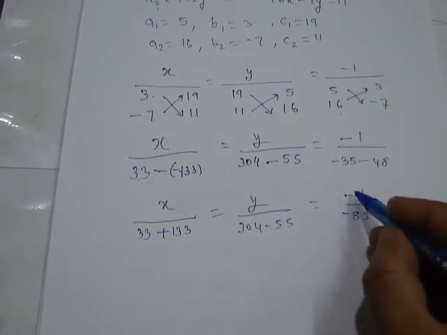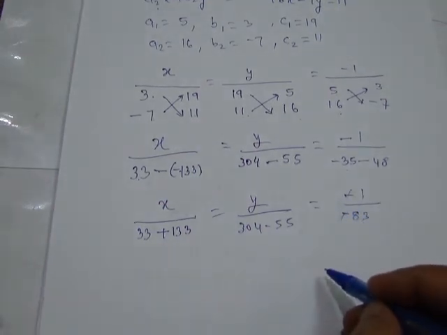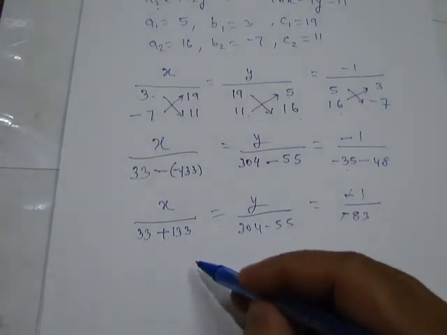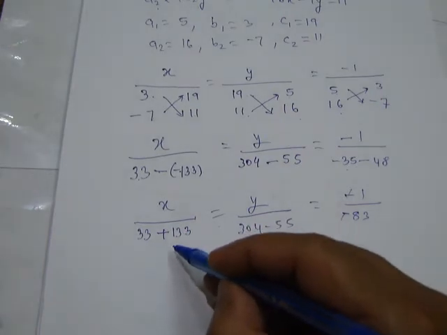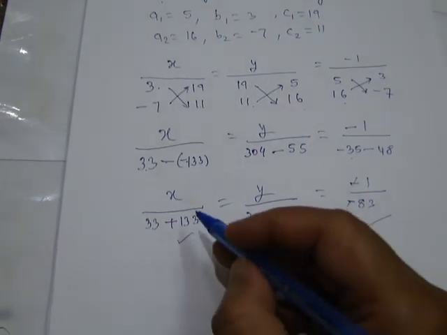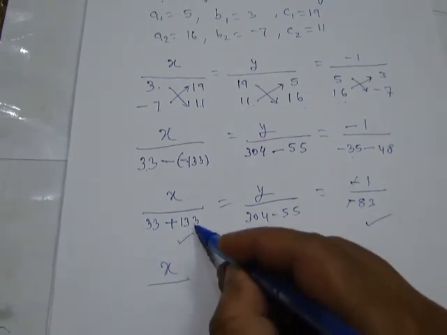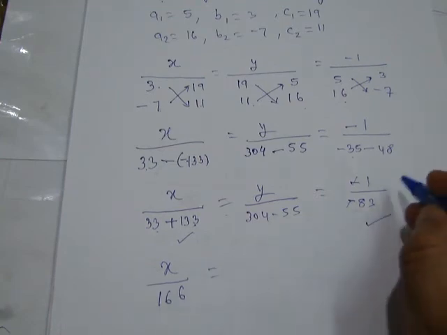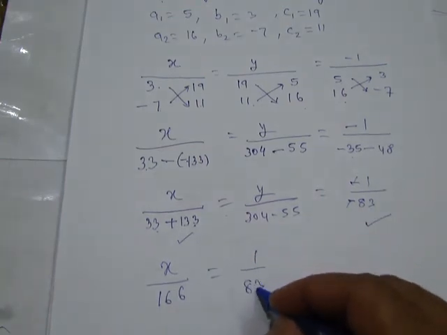So this minus sign will be cancelled. Now since there is an equal sign, we will compare, to find the value of x, the x and the constant. So this is 133 plus 33, which is 166, and 1 upon 83.